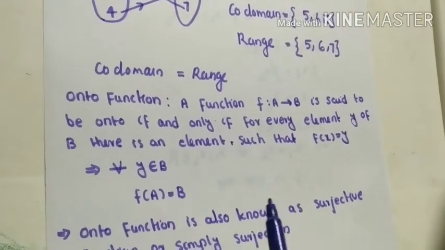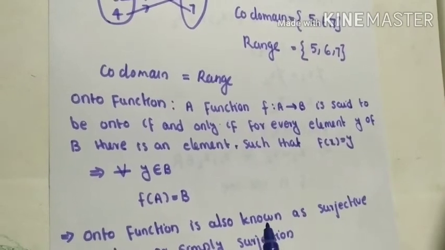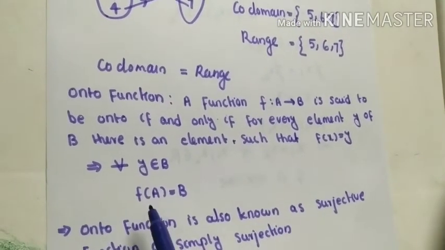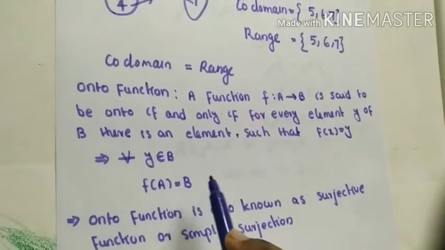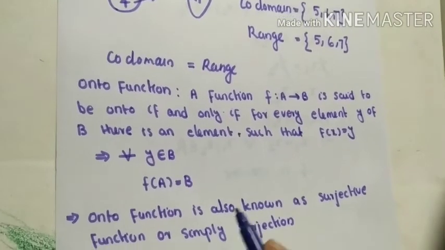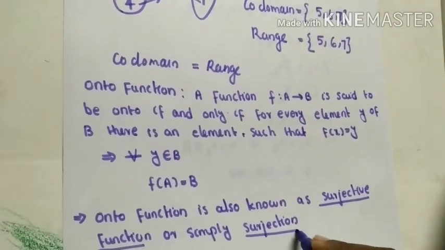So the range of the function equals the codomain. Hence, the function f is onto if and only if f of A equal to B. The other name of an onto function is surjective function or simply surjection.